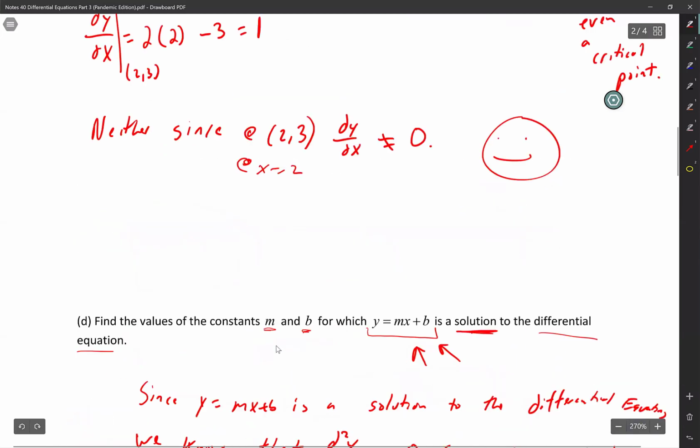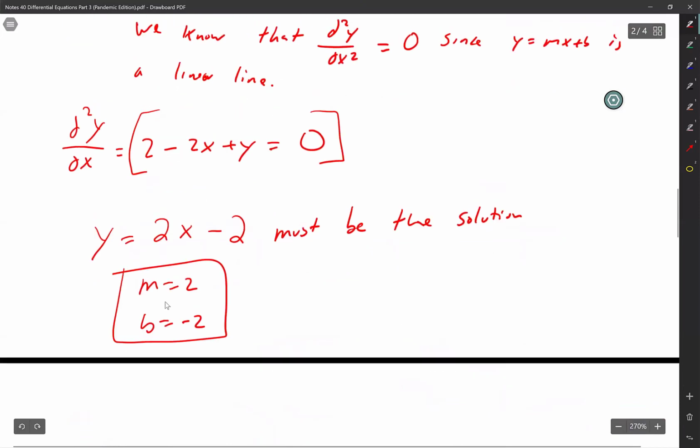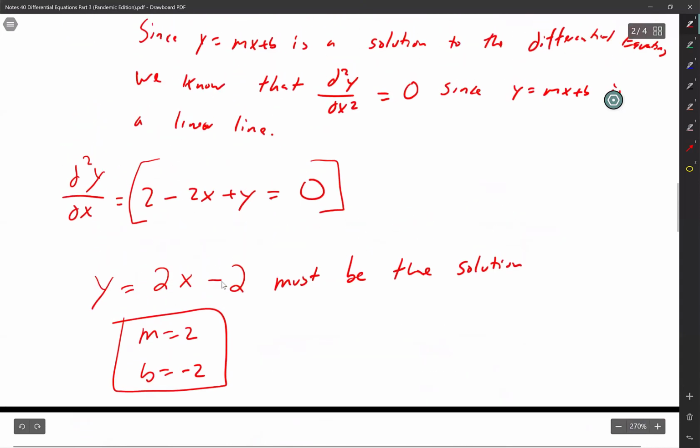So a solution that we have, I think maybe I confused you. The y equals 2x minus 2 is one solution of many possible solutions. It's a linear line only when the second derivative is 0. But if the second derivative is not 0, like in quadrant 2, how they're all concave up, every solution in quadrant 2 is not a linear line. Oh, okay. So there's multiple original equations.